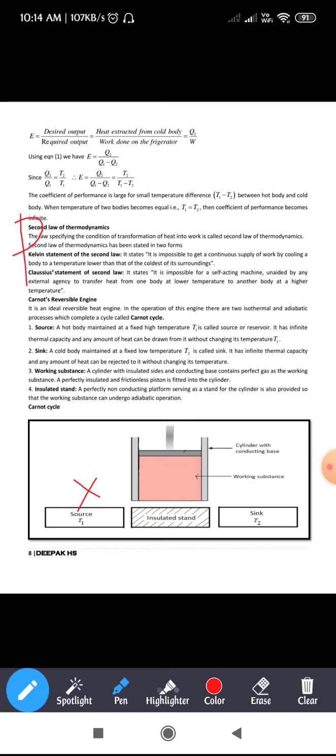Initially the pressure, volume and temperature of the gas are P1 V1 T1. As the temperature of the gas starts to increase, the gas starts to expand, so the piston moves in the upward direction. When the piston moves upward, we say that work is done by the gas, or work is done by the system.